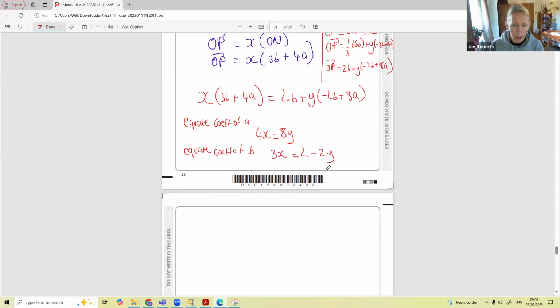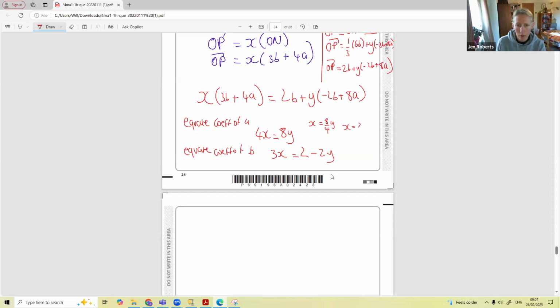Now, I need to find out what x and y are. Let me make x the subject here. Divide both sides by 4. X is 8y over 4.